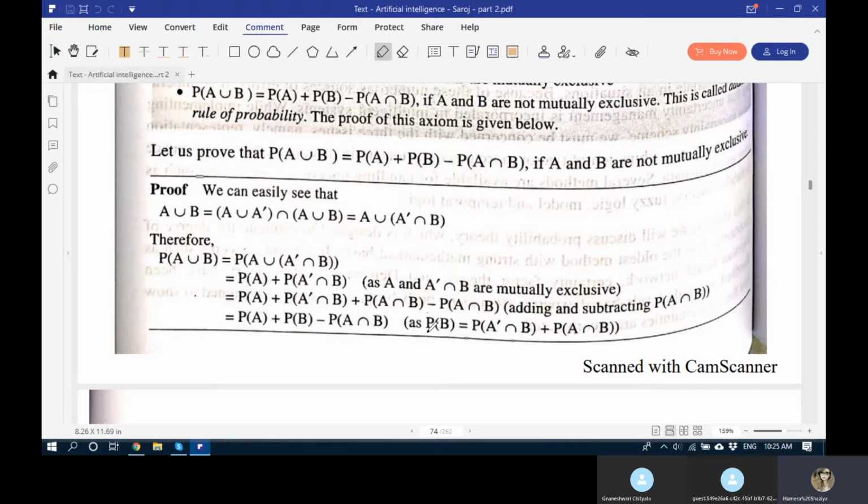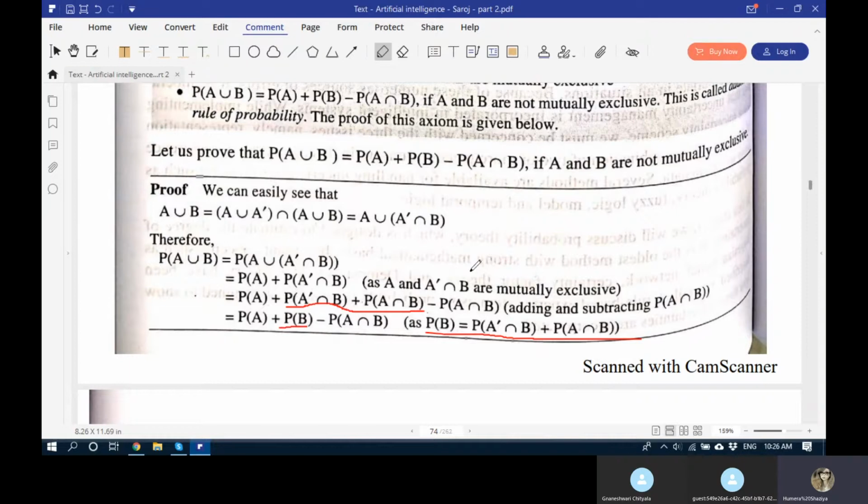If you look at this whole part, P of A complement and B plus P of A and B is equal to P of B, because here you have A and A complement, so you get P of B, and the rest remains as it is.